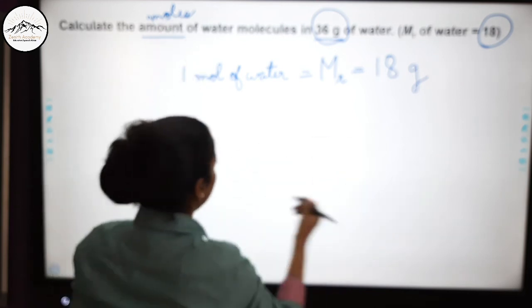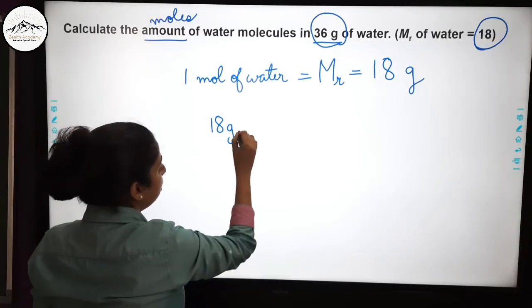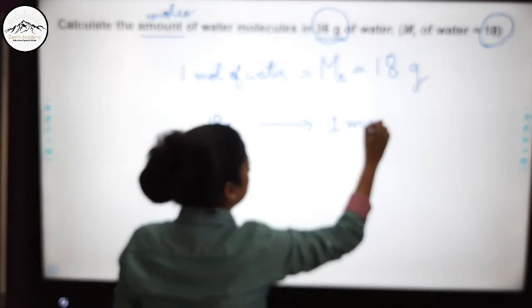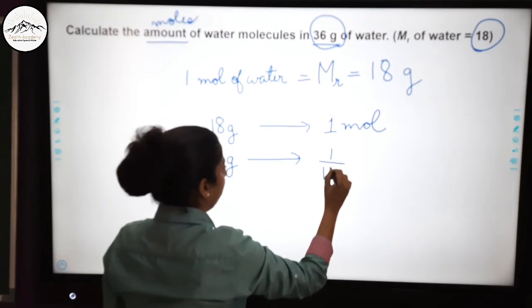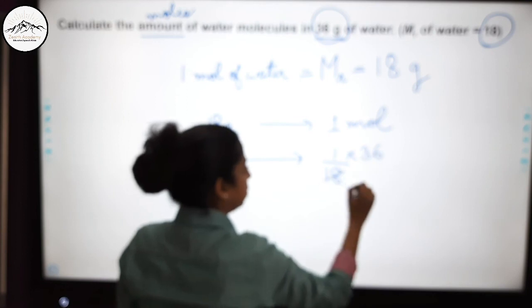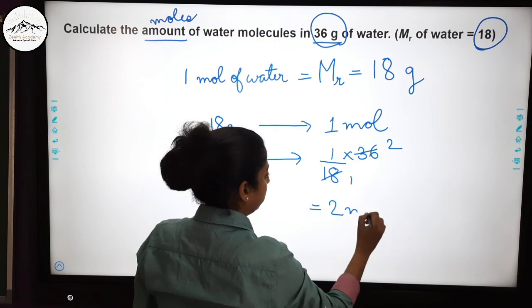So it has to be on the right hand side. So we will write 18 grams of water constitute how many moles? 1 mole. So the question is, therefore 36 gram will have how many moles? So simply 1 upon 18 into 36. So 18 ones are 18, 18 twos are 36. So the answer is 2 moles.